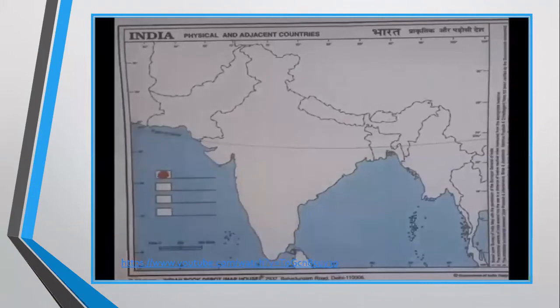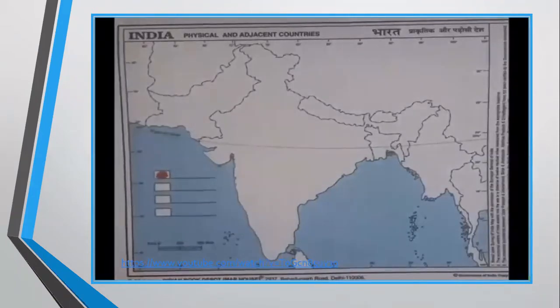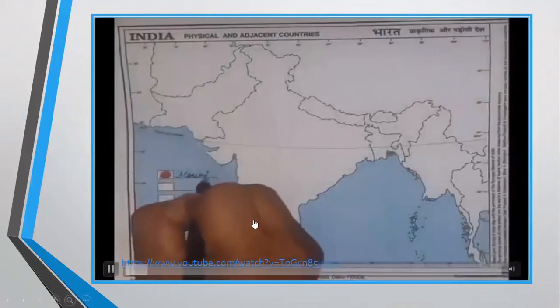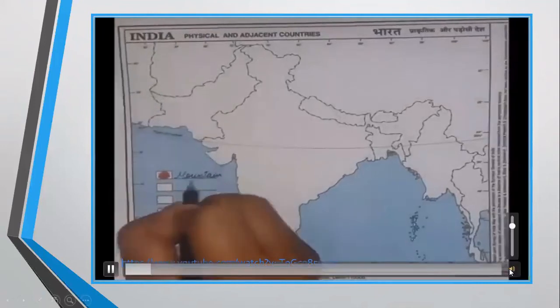See, he's coloring the legend. You color it with a color pencil only. Write with a black ballpoint pen, but you will write in capitals only.